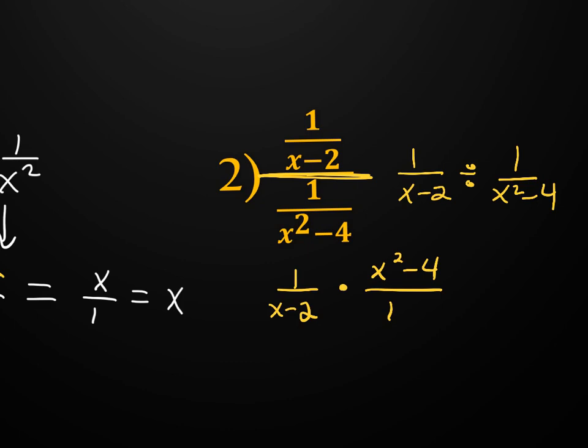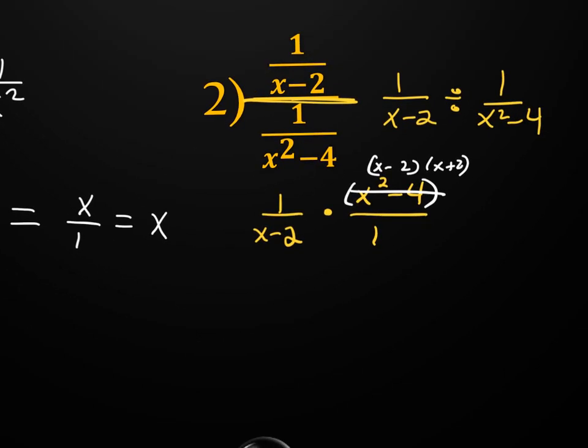Remember, you need to factor anything that can be factored because we need to look for things to simplify. I can factor my x squared minus 4. This is the difference of two squares. So this will factor into x minus 2 and x plus 2. So now let me rewrite it so it's nice and clear for you.